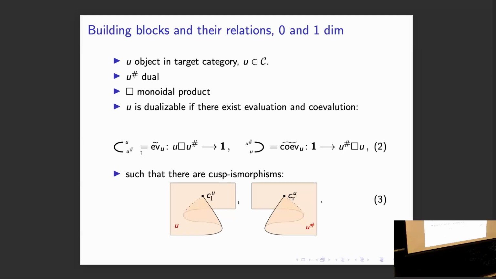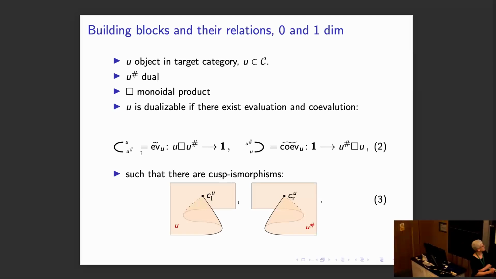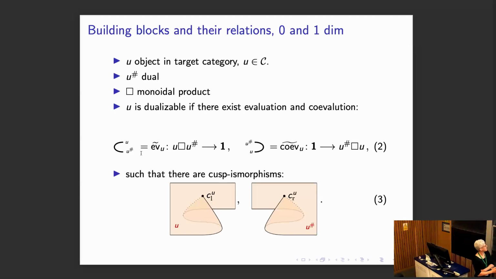So again, read right to left. This is again the map from the dual point to the empty set, or rather the image of that in the target category. So we need to have an evaluation map from U tensor U dual into the monoidal unit, and also a co-evaluation map.